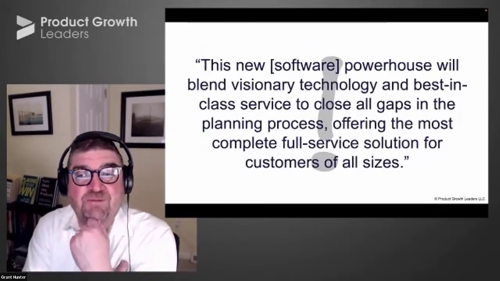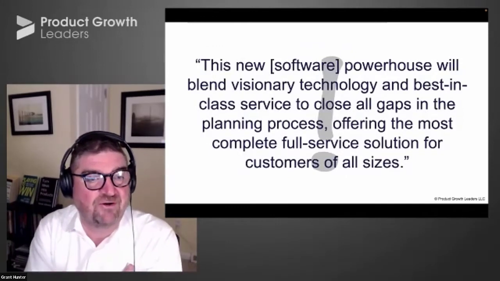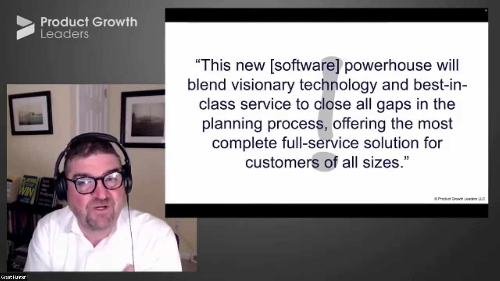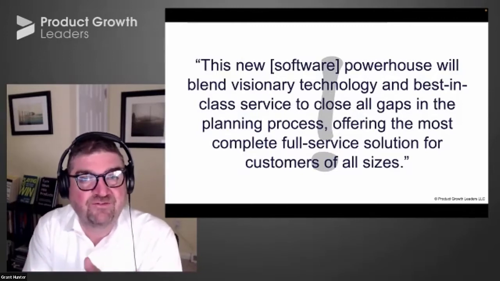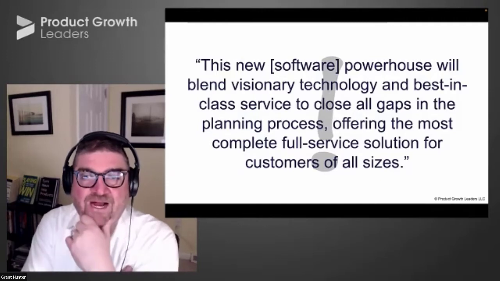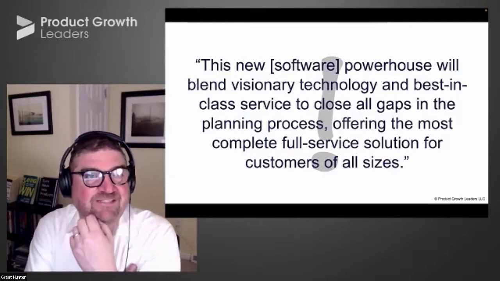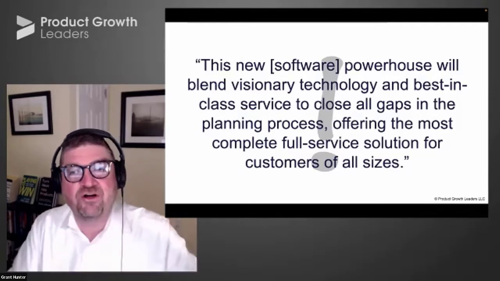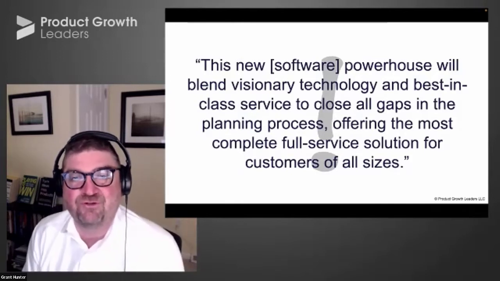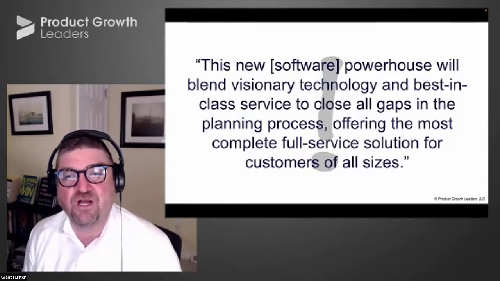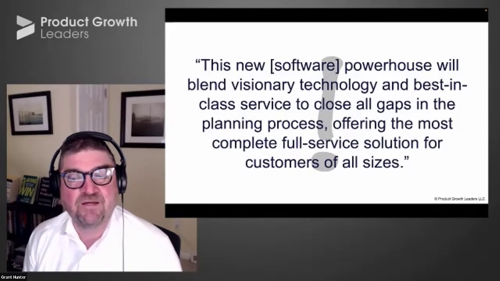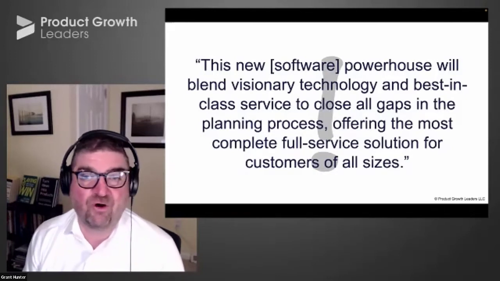This positioning statement caught our eye from a press release from a competitor of a client. We shared it with them and we all had a laugh, but this new software powerhouse will blend visionary technology and best-in-class service to close all gaps in the planning process, offering the most complete full-service solution for customers of all sizes. The thing is, this could work for our client and all their competitors.